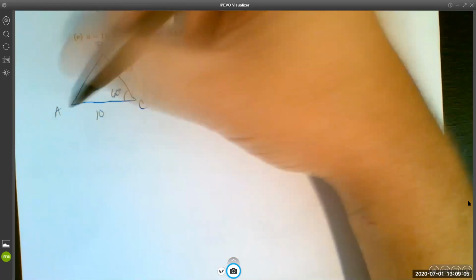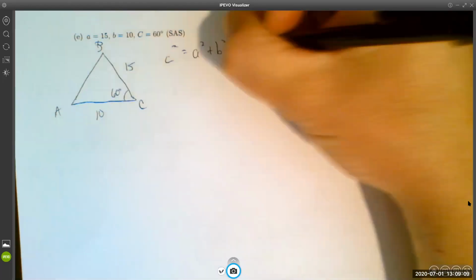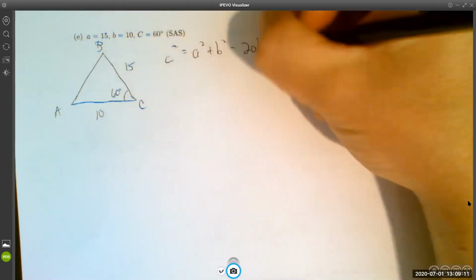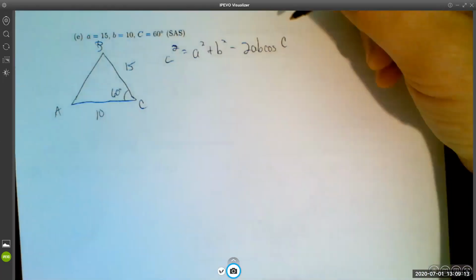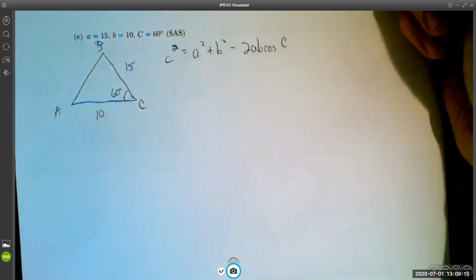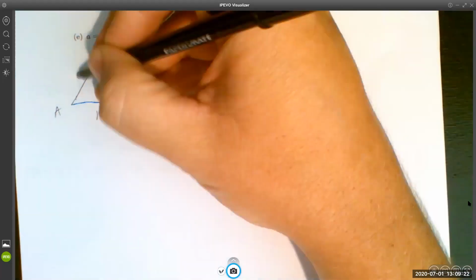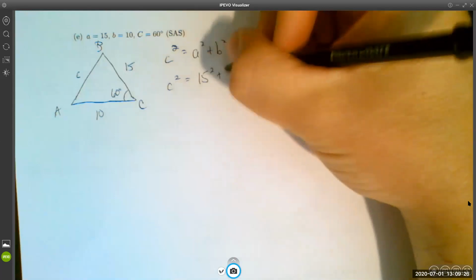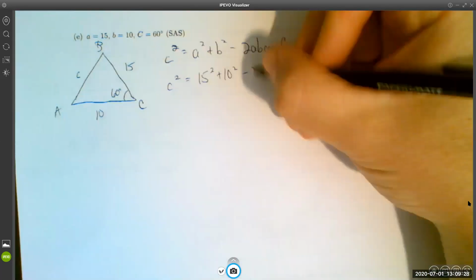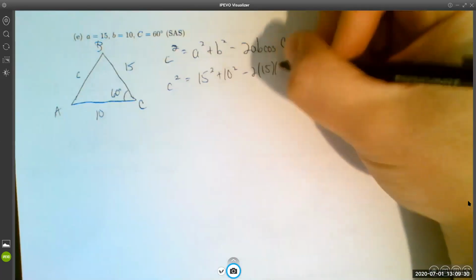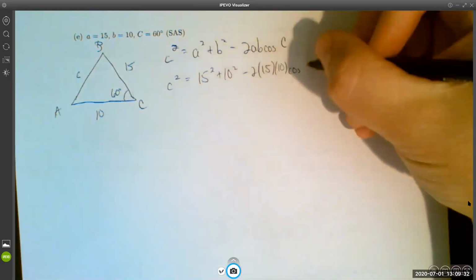We would say c squared equals a squared plus b squared minus 2ab cosine c. That's what we would use. But this is what this would look like. Because this is c right here, we say c squared equals a squared plus b squared minus 2ab cosine c.